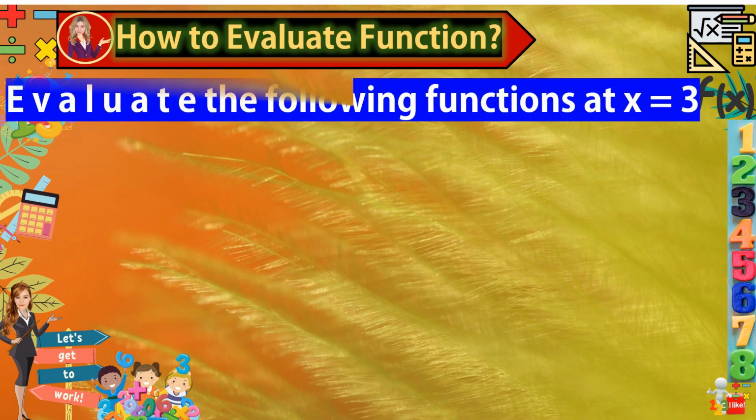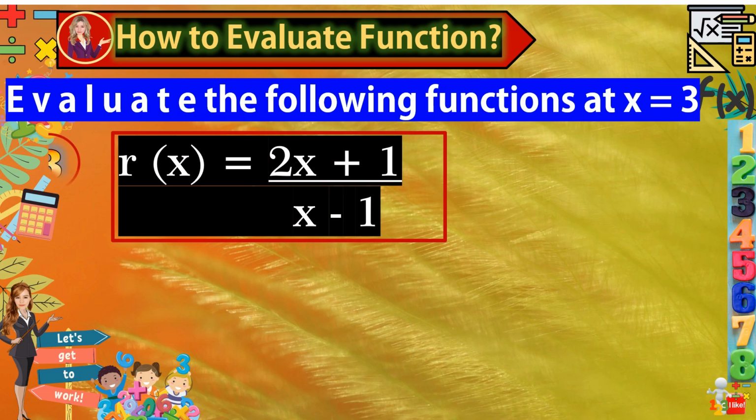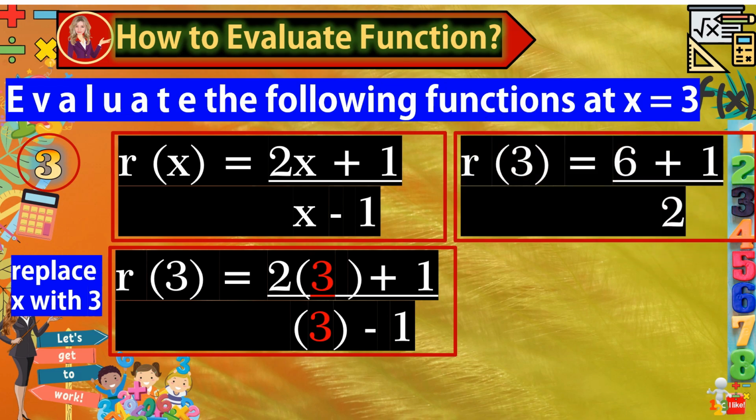Evaluate the function at x equals 3. The given, r of x is equal to 2x plus 1 over x minus 1. Let us replace all variables x with 3. So we have now r of 3 is equal to 2 times 3 plus 1 as the numerator and 3 minus 1 in the denominator.